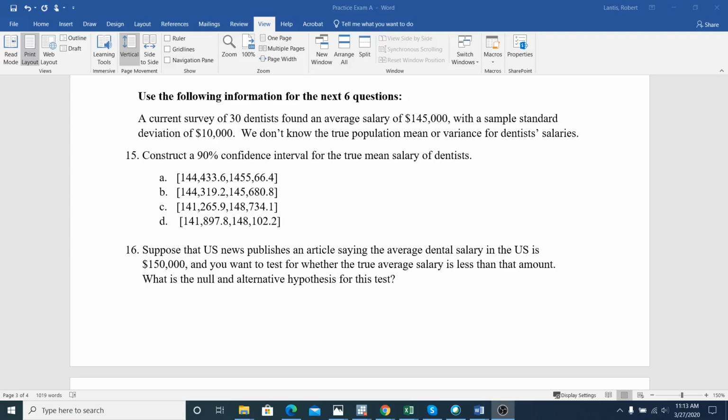Once you start it, there will be a time limit on it, probably a pretty long one. I don't have it completely written into Canvas yet. My guess is you'll have about an hour and a half to 2 hours to take it, depending on how many questions I end up putting on there.